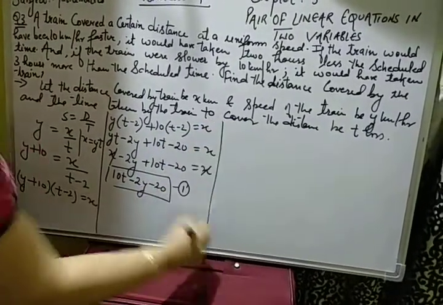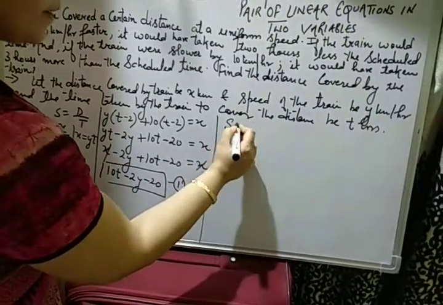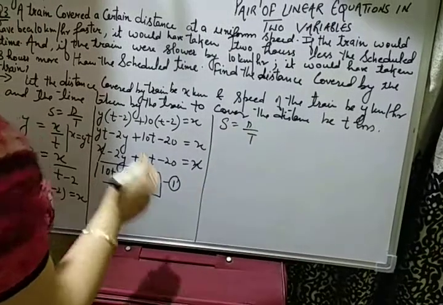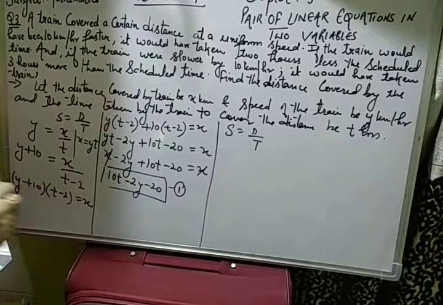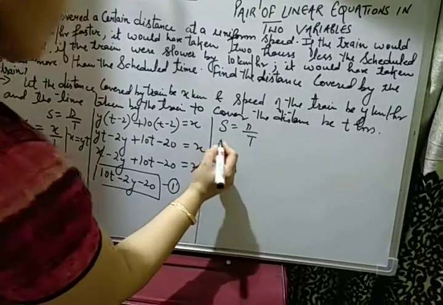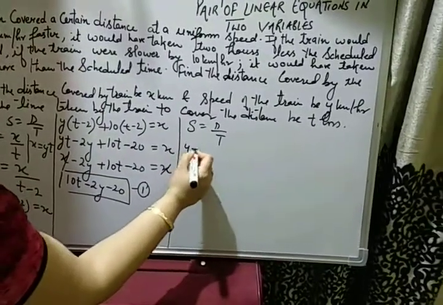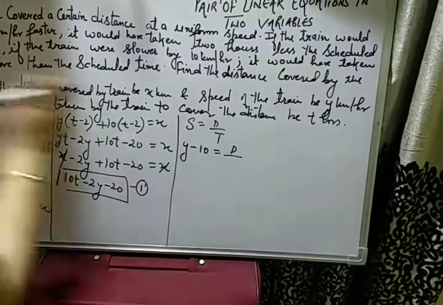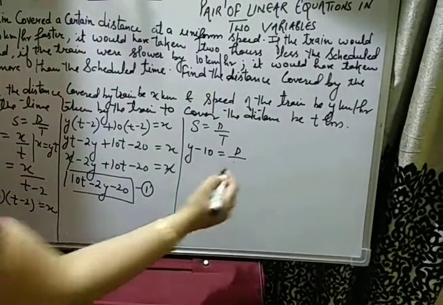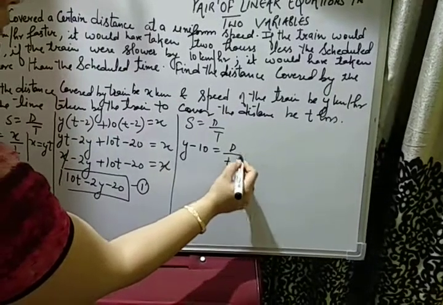Now next, again we know that speed is equal to distance upon time. If the train were slower by 10 km per hour, it means the speed is y minus 10. Distance is again the same, and time, it would have taken 3 hours more, it means t plus 3.